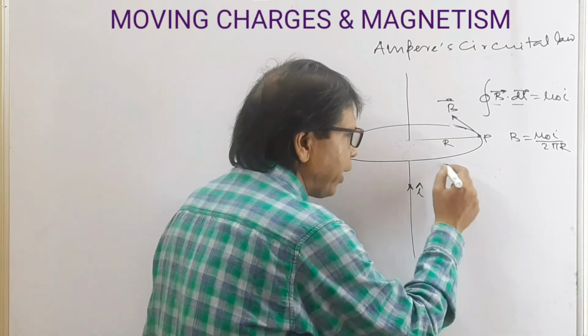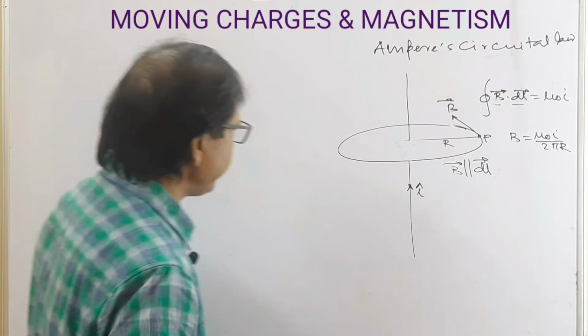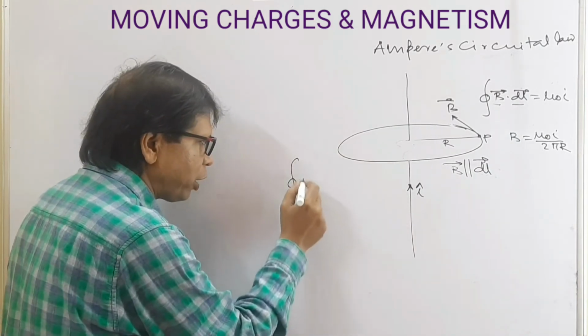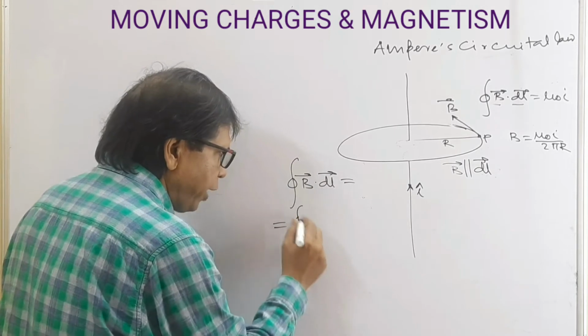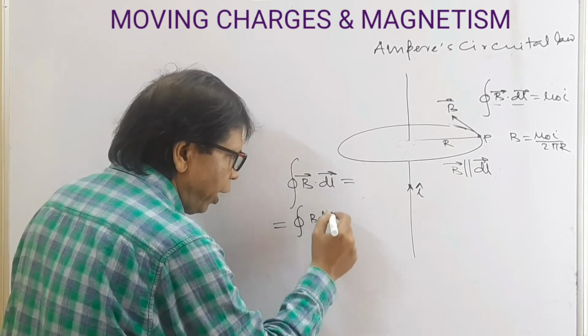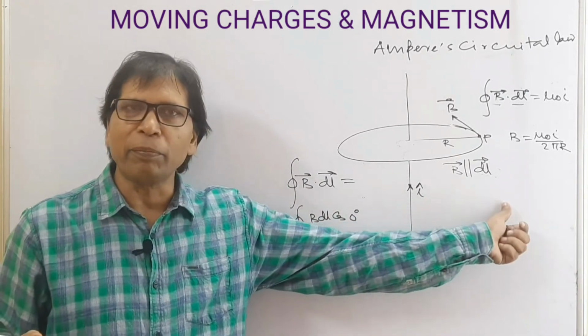Therefore, B vector is parallel to dl vector. So look at this, the line integral of B vector dot dl vector is the line integral of B dl cos 0 degree, because B vector and dl vector are parallel.